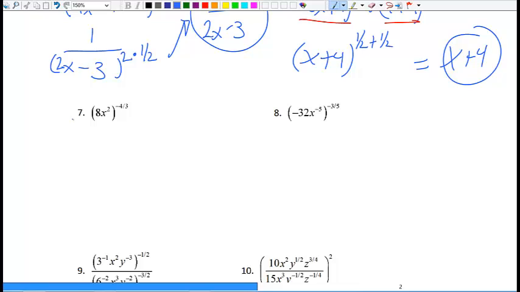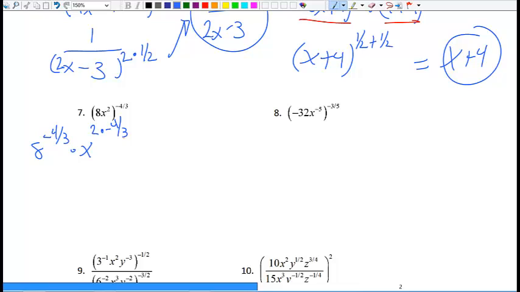Okay, number 7, we're going to distribute the exponent first. So the exponent to the term rule. So that'll give us 8 to the negative 4/3 times x squared, and then the 2 is times negative 4/3.